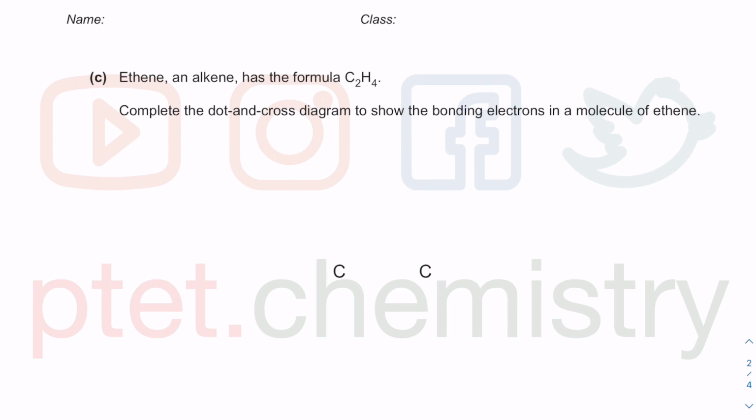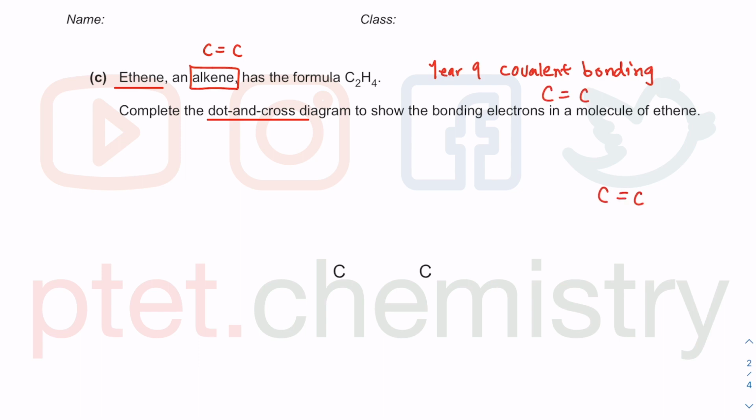Part C, we have ethene. Ethene is an alkene. Alkene has a carbon-carbon double bond. They want dot and cross. But from year 9, covalent bonding, in the topic of covalent bonding in year 9, that was about 2 years ago, we talked about this carbon-carbon double bond. Then we have hydrogen forming a single covalent bond because you just have 1 electron in the outer shell.